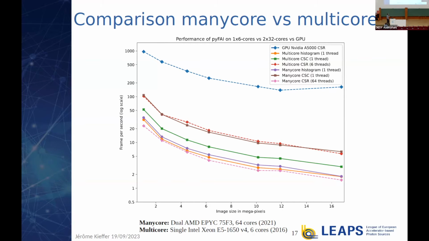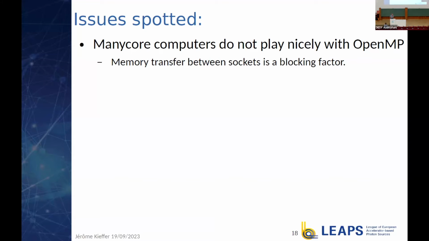If I use the sparse matrix multiplication implementation, which is serial but already uses the sparse matrix representation, it is as fast as the 6 cores of my old workstation. But when I switch on the parallelism, we see that the performances are going really bad. As I said, this is something typical from the AMD layout of the processors, which basically comes down to saying that having small OpenMP jobs is really bad. So many cores computers do not play very well with OpenMP.